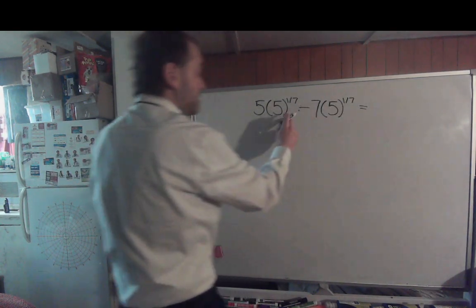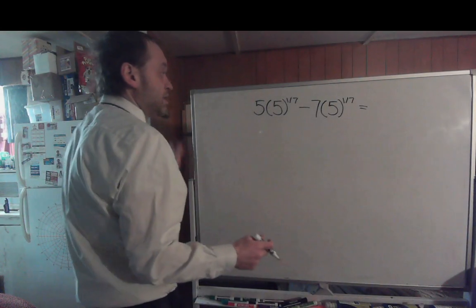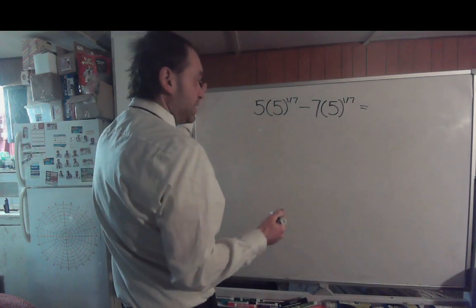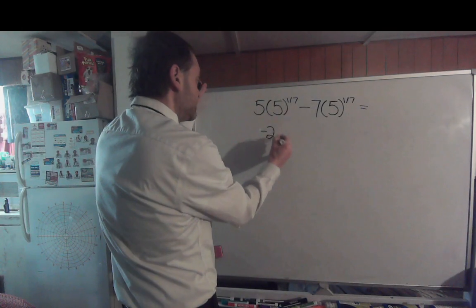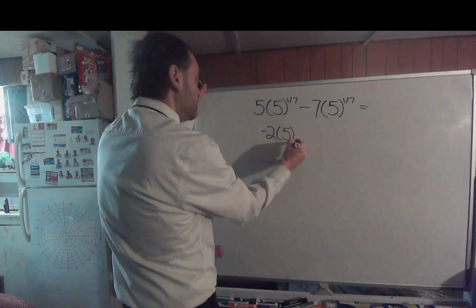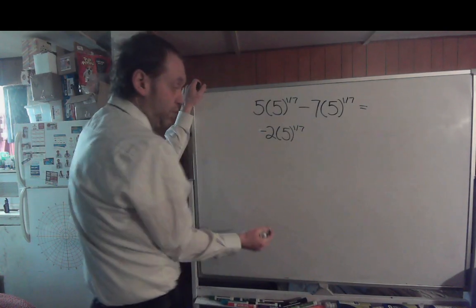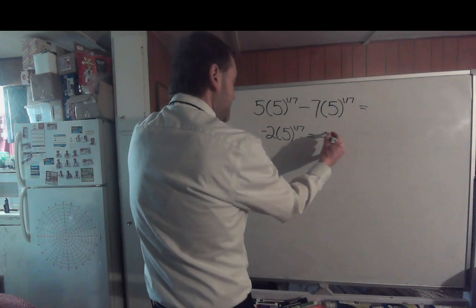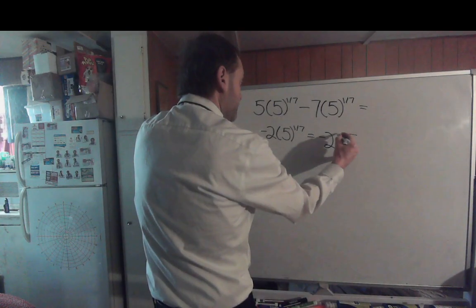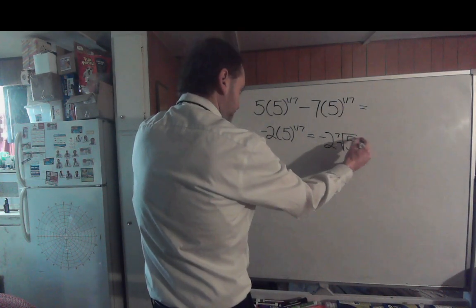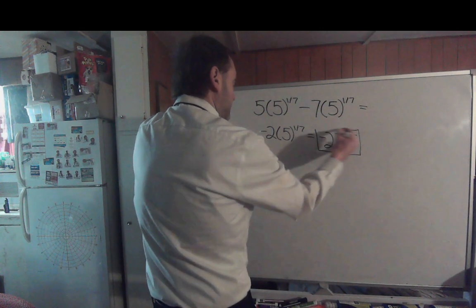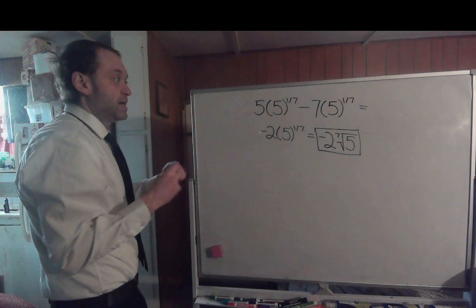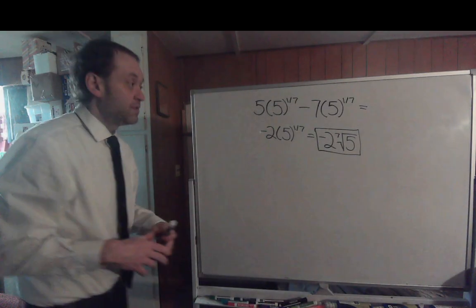Since you have the same exponents, you're going to treat it like you would a variable. This would turn into -2 times 5 to the 1/7. Or you could also write this as -2 times the 7th root of 5. That's exactly what you would get, -2 times the 7th root of 5.